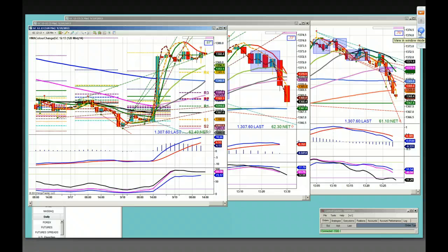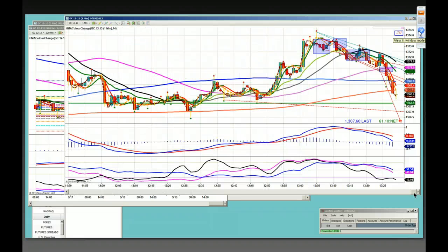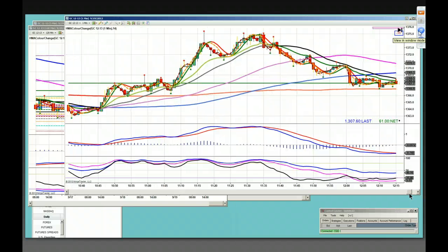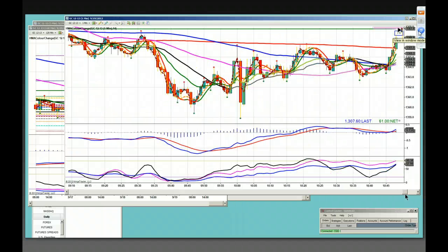A doesn't equal A equals A equals A. Not all apples are the same. You get Golden Delicious, Granny Smith, all kinds of apples, but they're still in the apple family. So not every cross is going to be the same. Sometimes it's going to be perfect and sometimes it's not, and the fact that you waited for the cross would have prevented a huge loss.